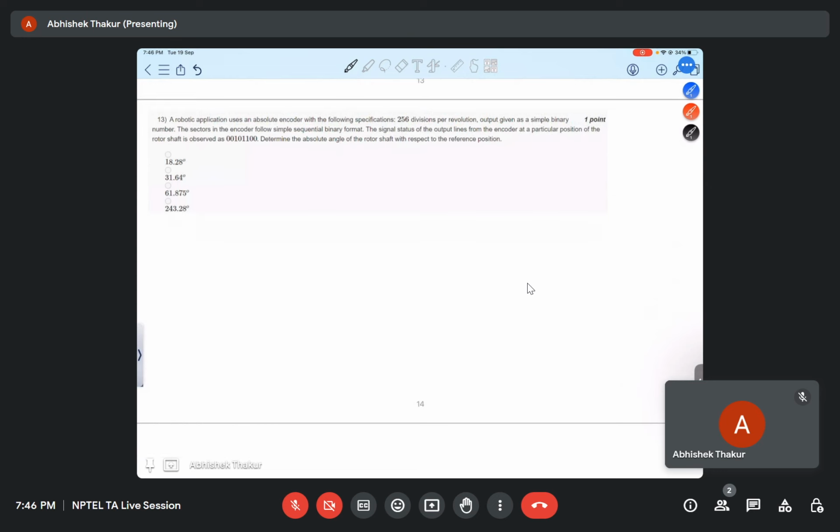Coming to the last question, a robotic application uses an absolute encoder with the following specification: 256 divisions per revolution. Output is given as a simple binary number. The sectors in the encoder follow simple sequential binary format.